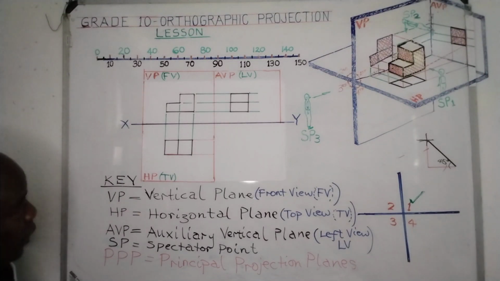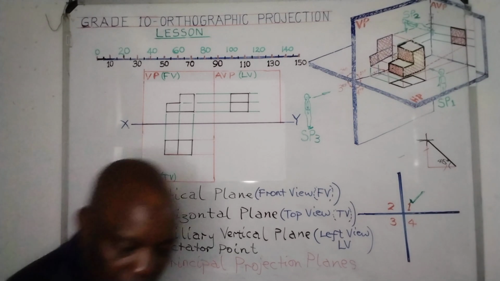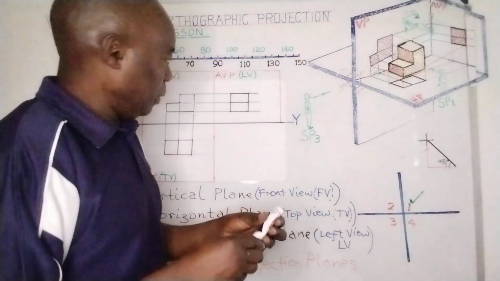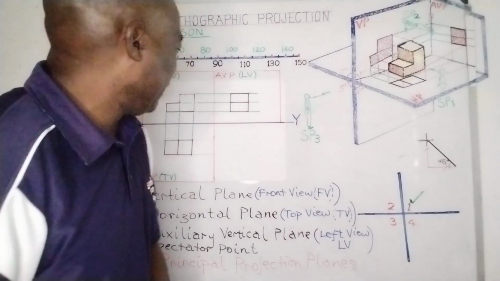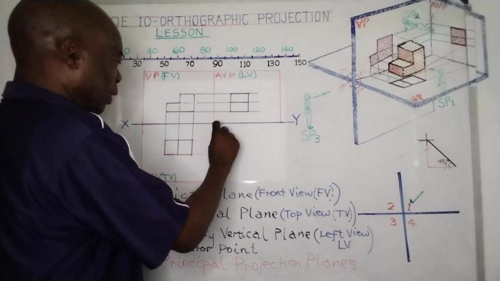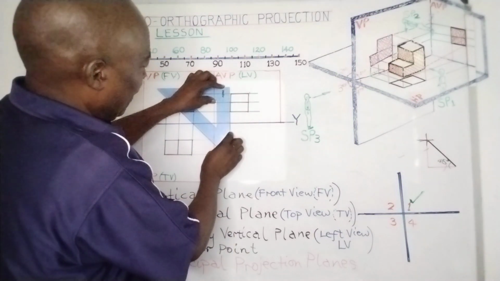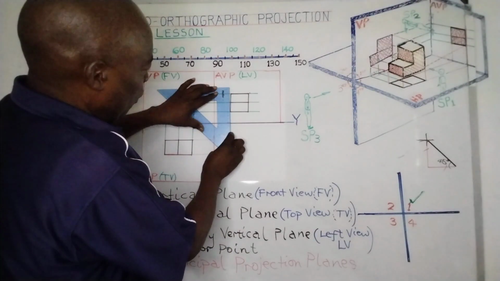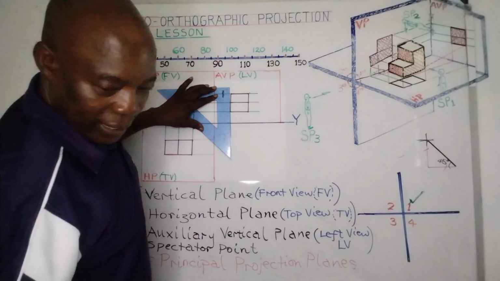Right, so now I'm going to do that. I'll draw my 45-degree line using blue. Right, I'll end it there.